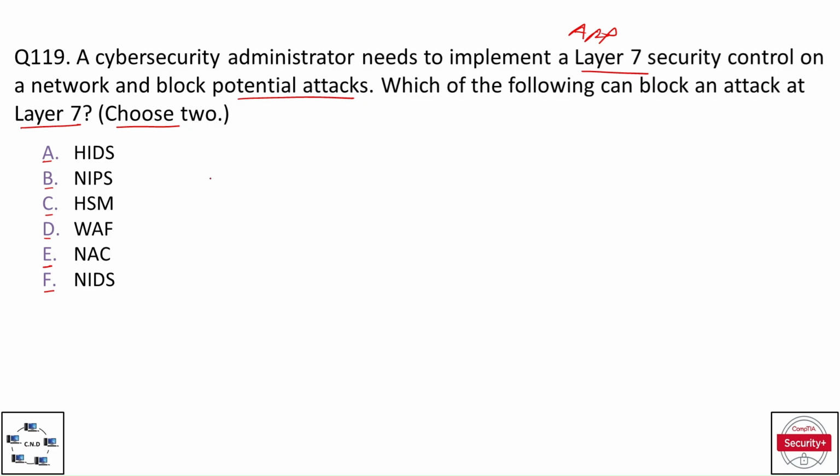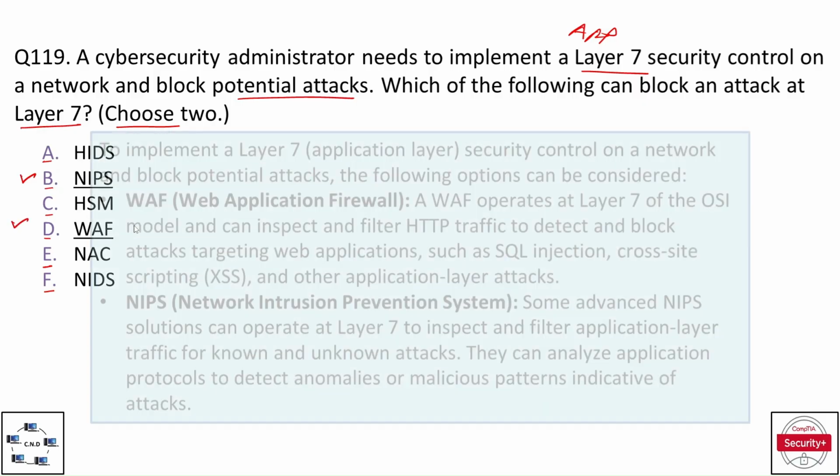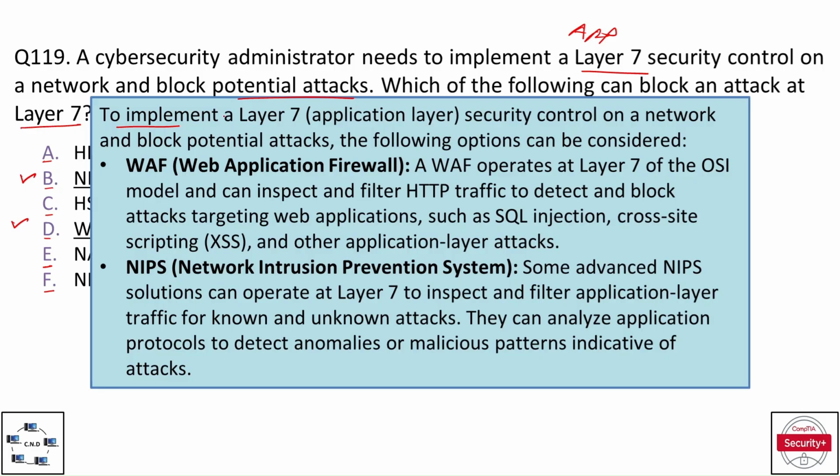And the two correct options are option B, NIPS, Network Intrusion Prevention System, and option D, WAF, Web Application Firewall. So to implement a layer 7 or application layer security control on a network and block potential attacks, the following options can be considered.